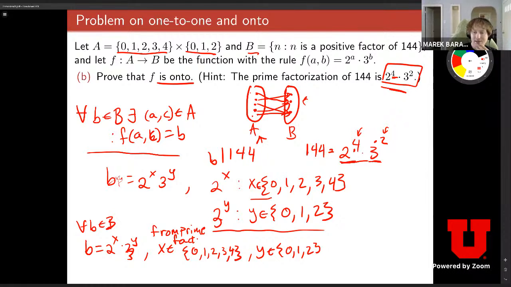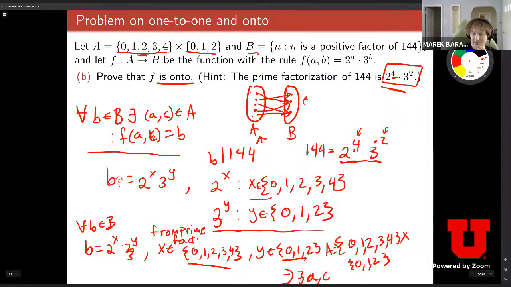And since both of these sets right here are equal up here, so A equals 0, 1, 2, 3, 4 product with 0, 1, 2, then we can find something in A that maps to B. So then there exists c in A such that f(c) equals b.